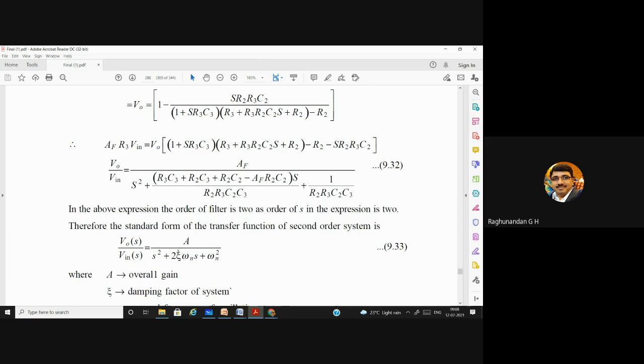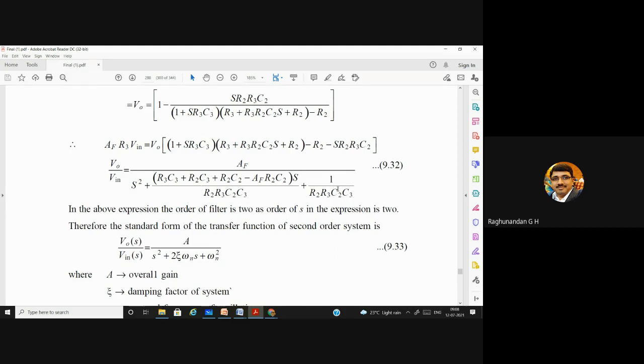So that's why we are going to consider that damping factor here, and that damping factor is expressed by eta. This is the symbol for damping factor, eta, and this entire term, whatever we are having, we are going to replace by the damping factor eta. 2 eta omega n will be replacing this entire factor.